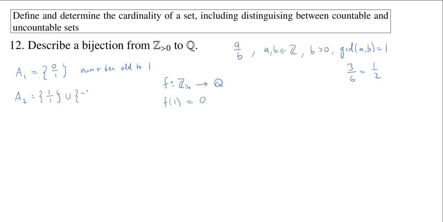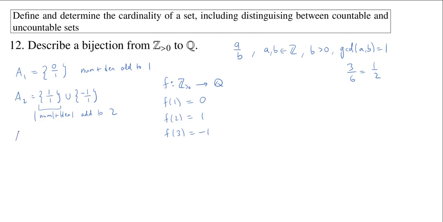So this will be negative 1 over 1. So these here are all the ones where the numerator plus the denominator in absolute value add to 2. I didn't have to worry about the absolute value in the first one. And so then f of 2 is going to be 1 over 1, which is 1, and f of 3 is going to be negative 1.